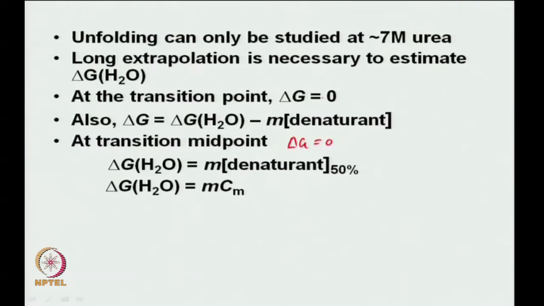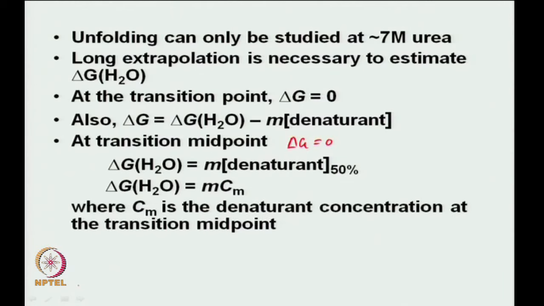So, Cm is essentially that concentration of a denaturing species which brings about 50% change. That means you have 50% unfolded, 50% folded. Okay. That is what it says, where Cm is the denaturant concentration at the transition midpoint. Okay.